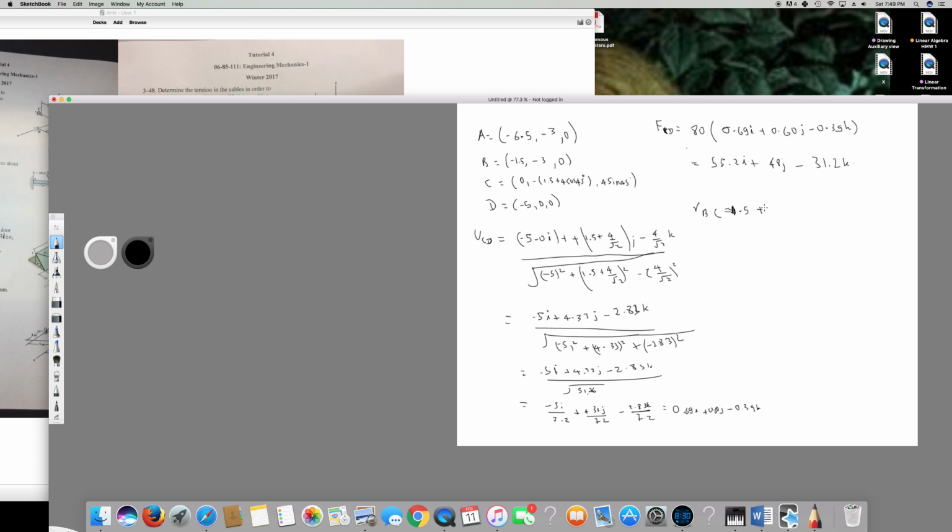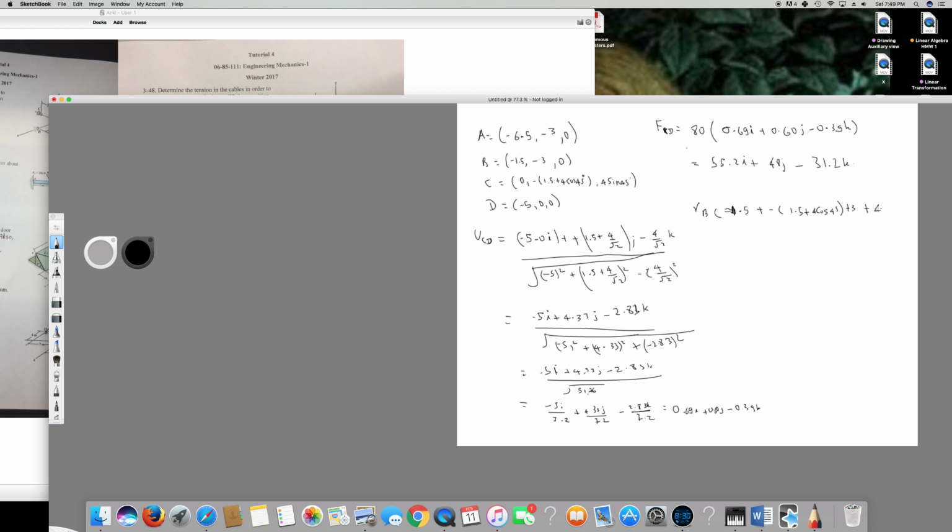Negative 1.5 plus 4 cos 45, minus 3. So minus 3 becomes plus 3, and plus 4 cos 45 minus 0.